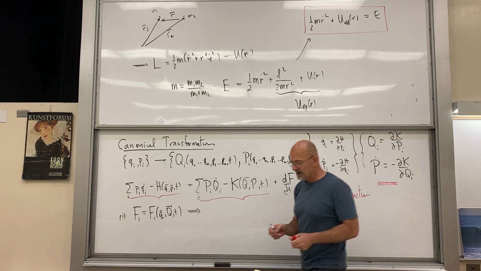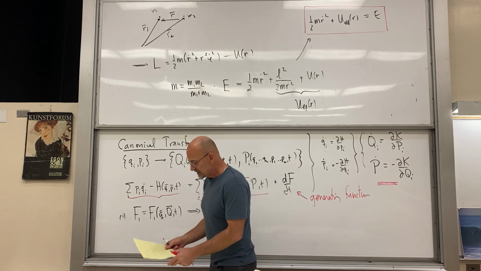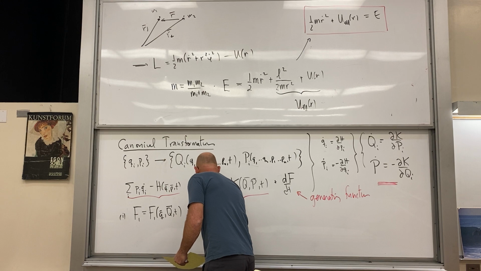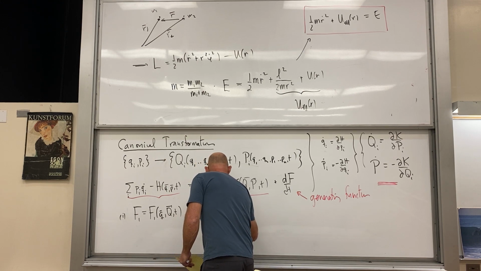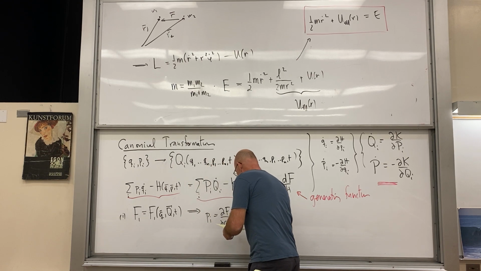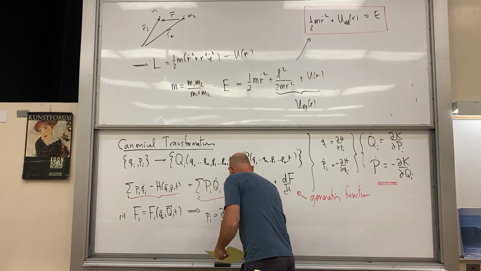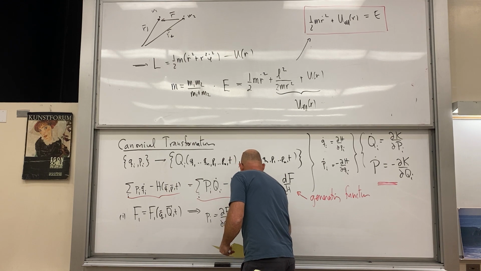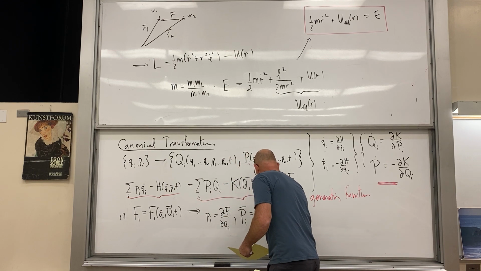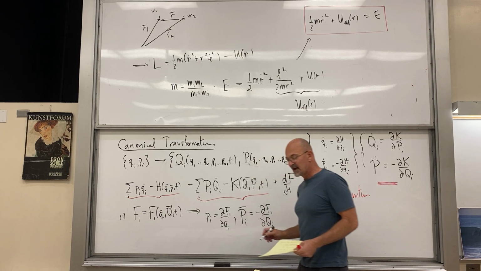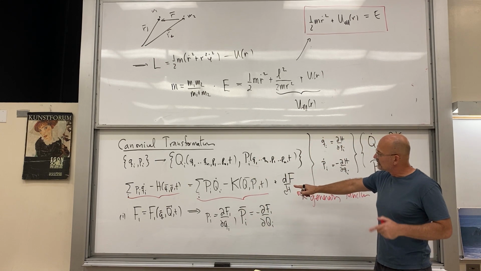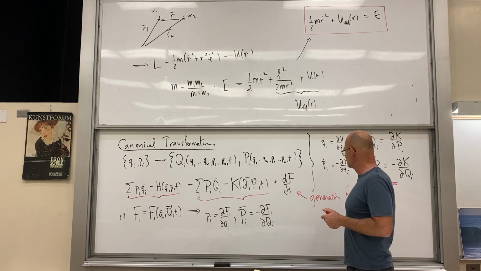Okay, good. So what do we have here? For these we had p sub i is dF1/dq sub i, and capital P sub i is minus dF1/dQ sub i. These are the relations we used to solve the harmonic oscillator last time.